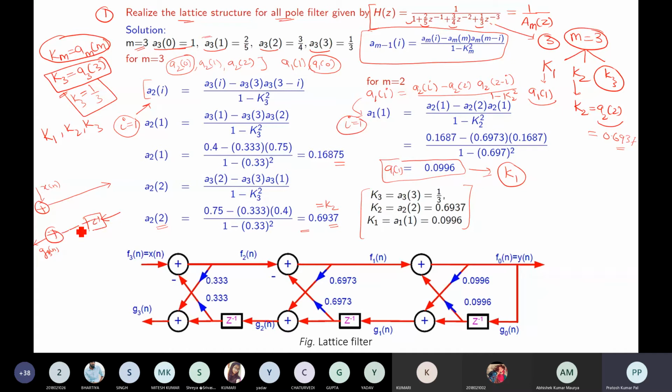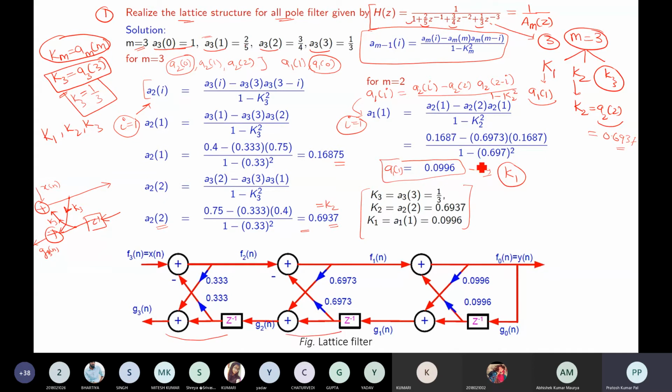Now from there will be a feedback to this adder, and this coefficient, if it is the first stage, will be the k3 value, the highest value of k. Similar stages will be cascaded further, and these cascaded stages will have different stages.